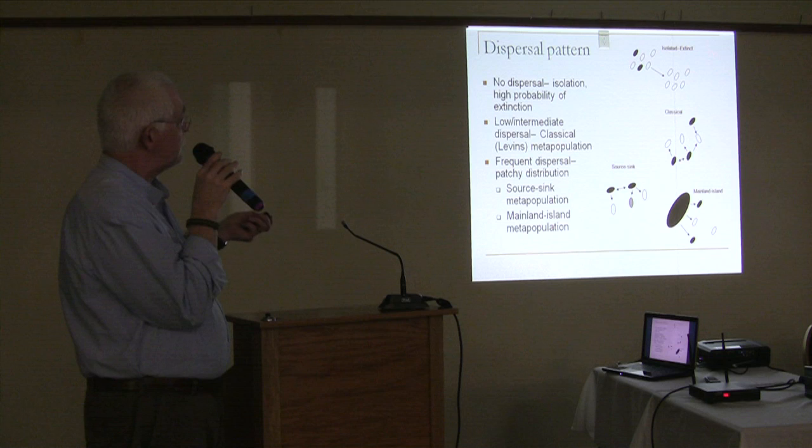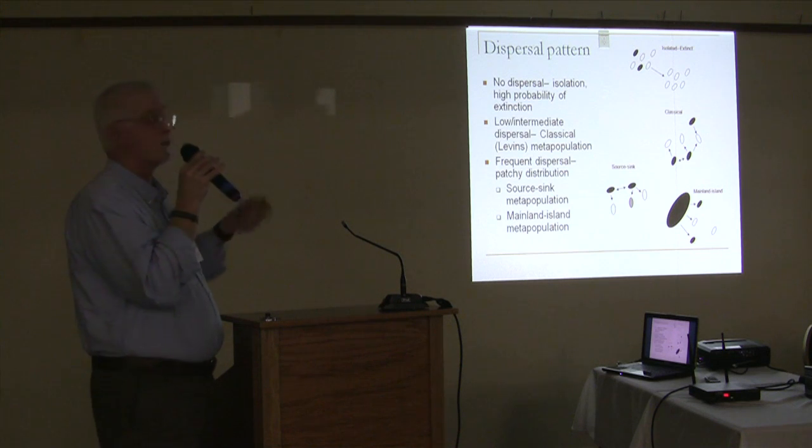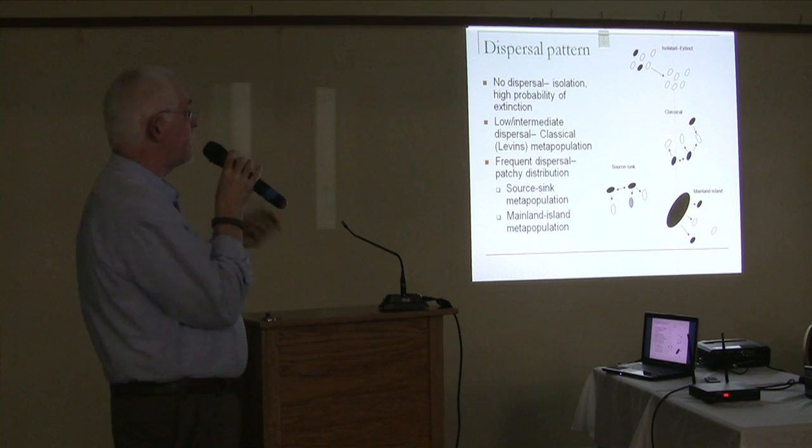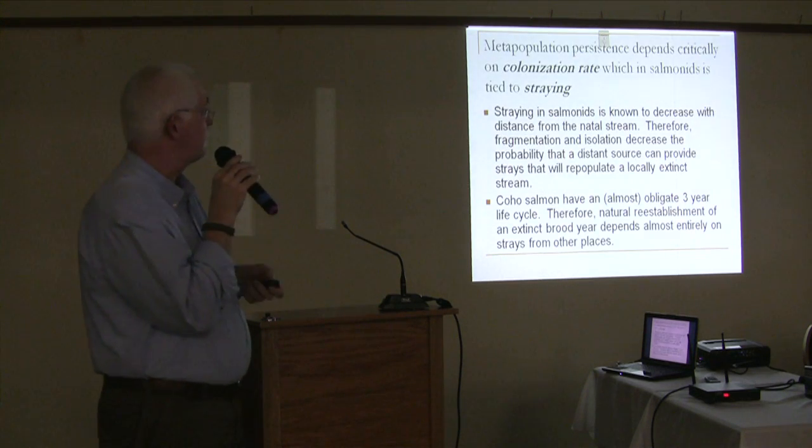In this one, this is the one you want to avoid, the situation in which populations are isolated and there's no arrows between them, so there's no migrants moving from one to the other, and they can become deterministically extinct.